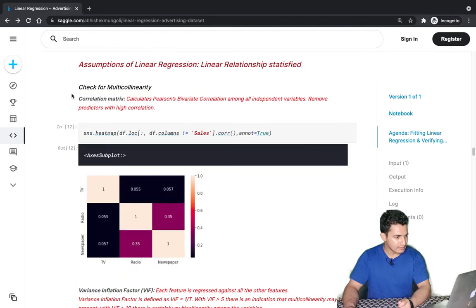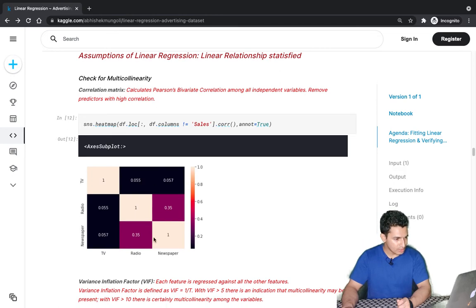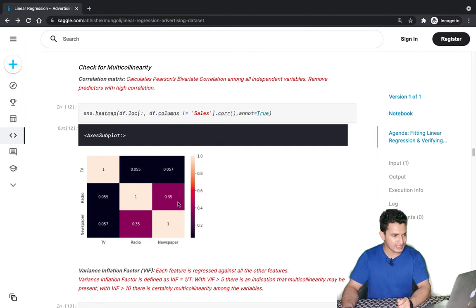Next we will look at multicollinearity, because the second assumption of linear regression is that there should be no or little multicollinearity. If we plot the correlation matrix, we can see that there is no major correlation where the correlation is very high. It's high between radio and newspaper but not very high.